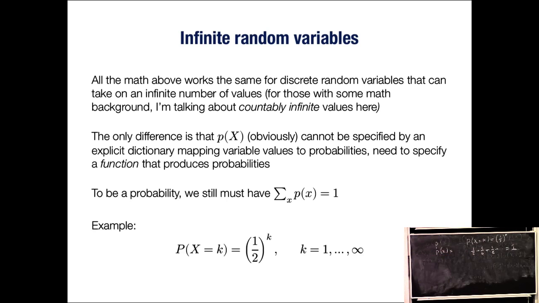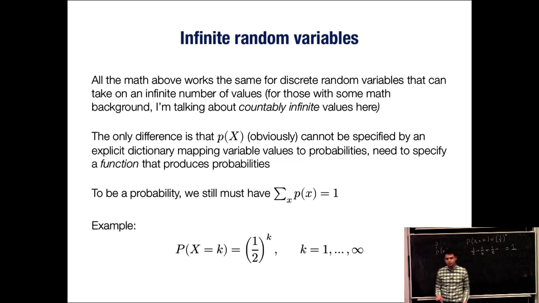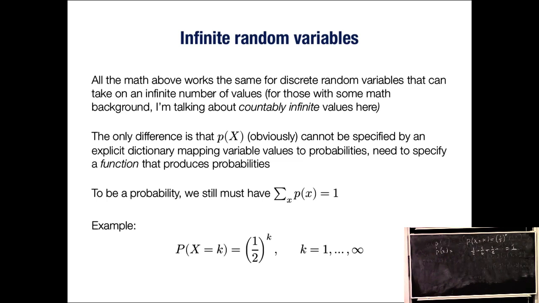K here, the value that the variable can take on, ranges from 1 to infinity. But the probability decreases in such a way that the sum over all possible values is still equal to 1. Any questions there?